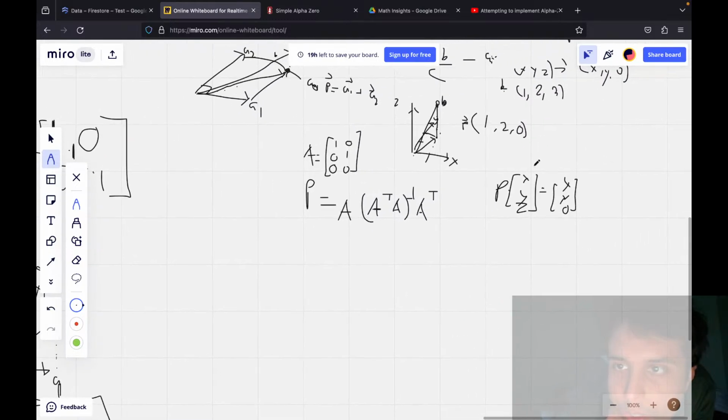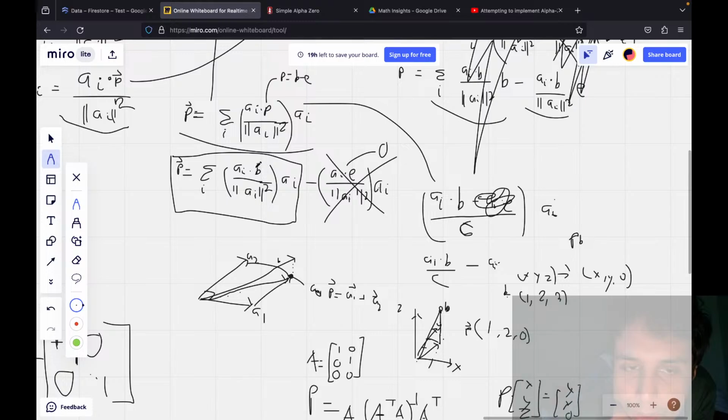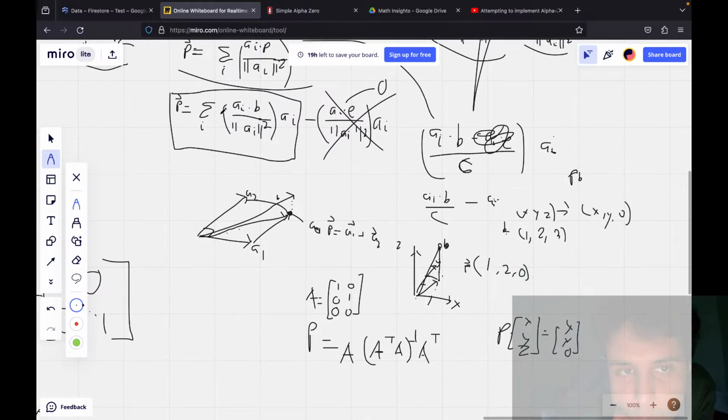And if that's true, then we've shown a nice example of this neat decomposition of B onto P. Like xyz onto just the xy plane becomes a sum over the x and y directions of B onto the x-axis and then B onto the y-axis, because a1 would be the x-axis, a2 would be the y-axis in this case.